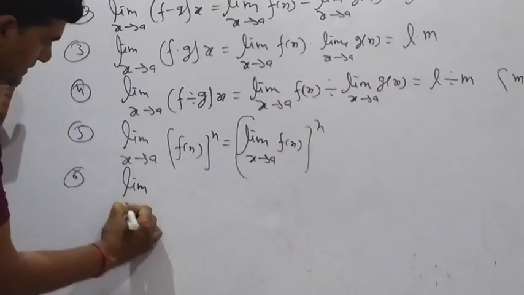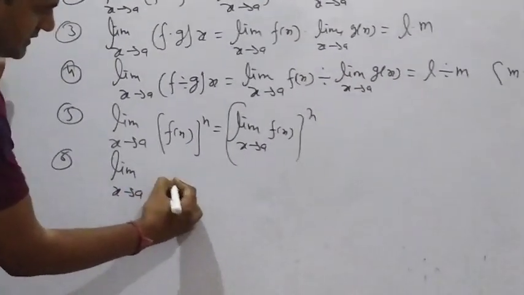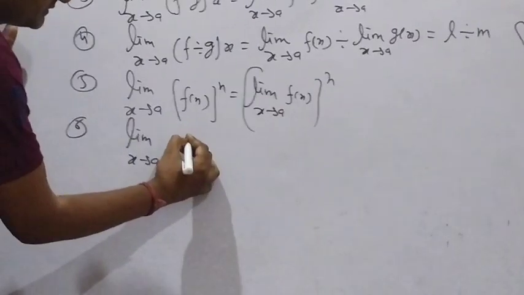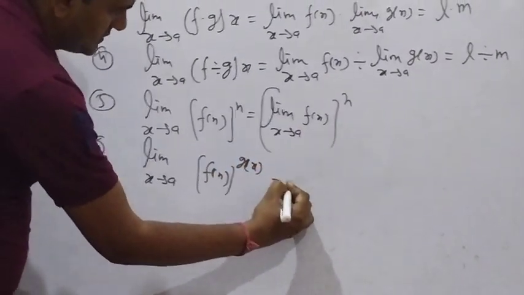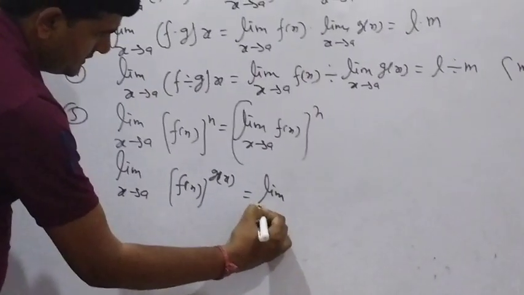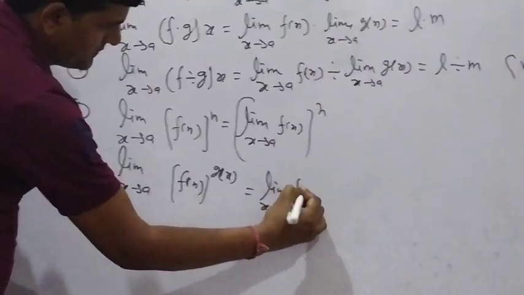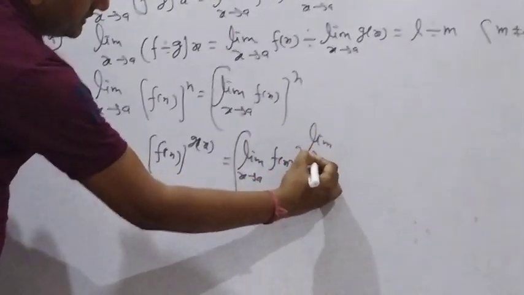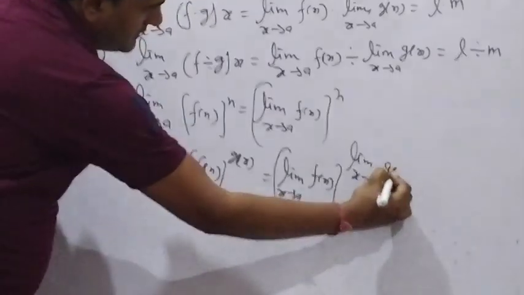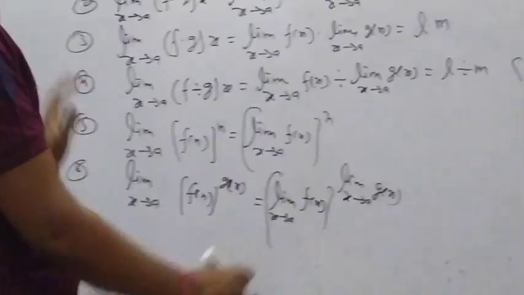Next one, limit x tends to a f(x) power g(x) is equal to (limit x tends to a f(x)) whole power limit x tends to a g(x). Clear? These are the theorems.